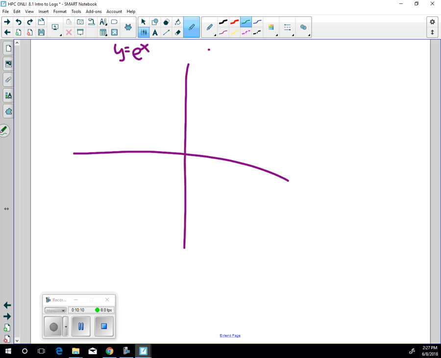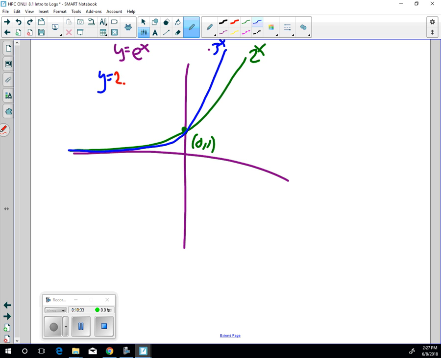So if you wanted to see a graph of y equals e to the x, it seems like it should be hard, doesn't it? But look at this. Here's 2 to the x. It goes through (0, 1). I want you to remember that. Here's 3 to the x. Okay? So where do you think e to the x is? Well, remember this is 2.71828 to the x.